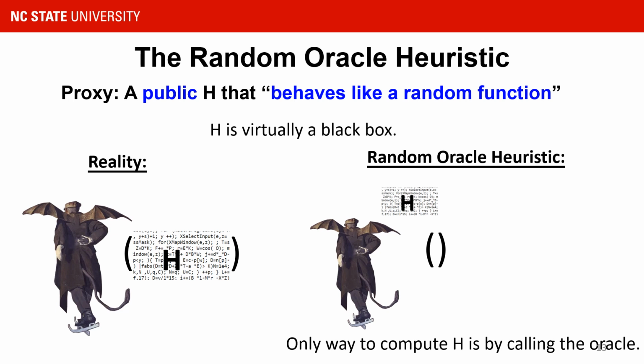Now, what I have here is this picture where I have this adversary, and the random oracle is up in the sky, and the only thing that the adversary really knows about or can do is access H just by calling the oracle. In reality, H is a hash function. And so the adversary actually has direct access to the hash function and can compute it on his own computer.